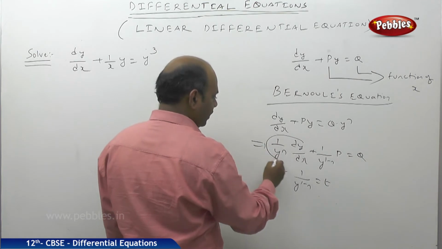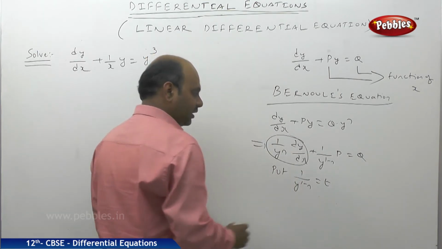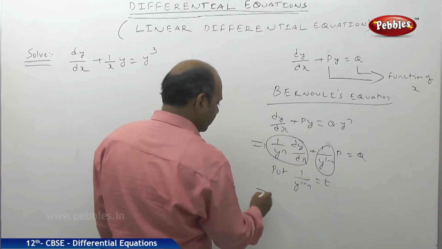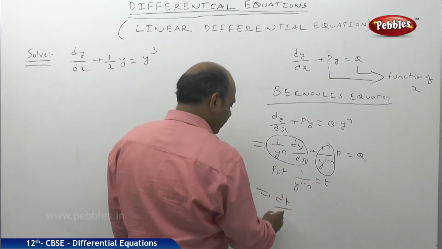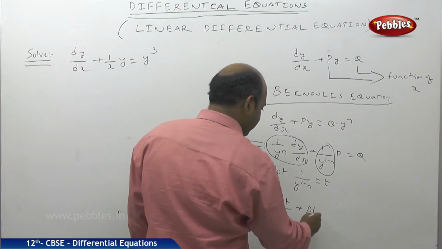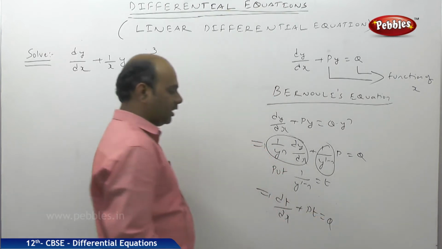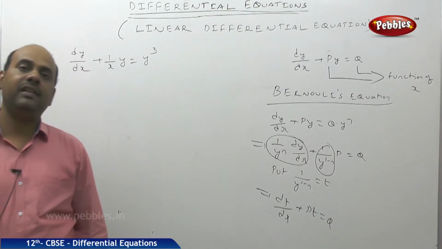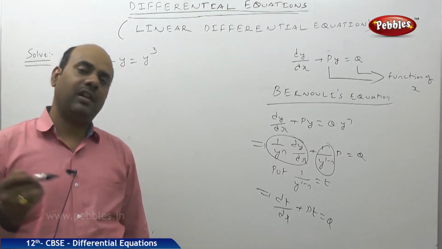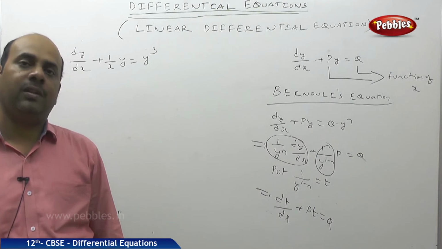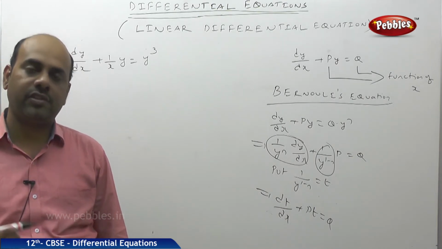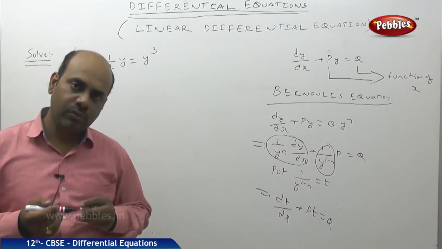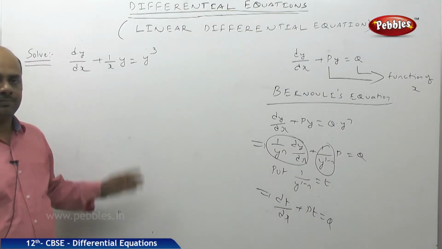So this whole thing turns into dt by dx, and this turns into t, and finally the differential equation turns into dt by dx plus pt is equal to q. That means the equation has been turned into a linear differential equation, and we have done a lot of problems on linear differential equations in our previous classes. According to that, we need to solve the problem.